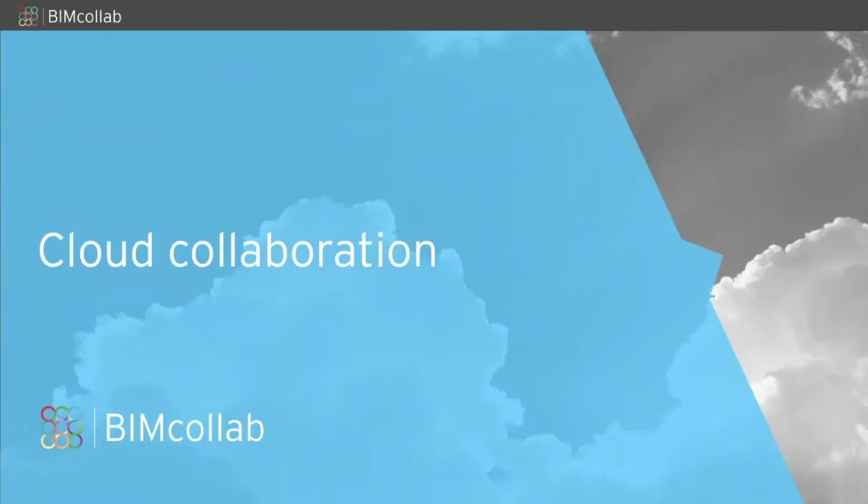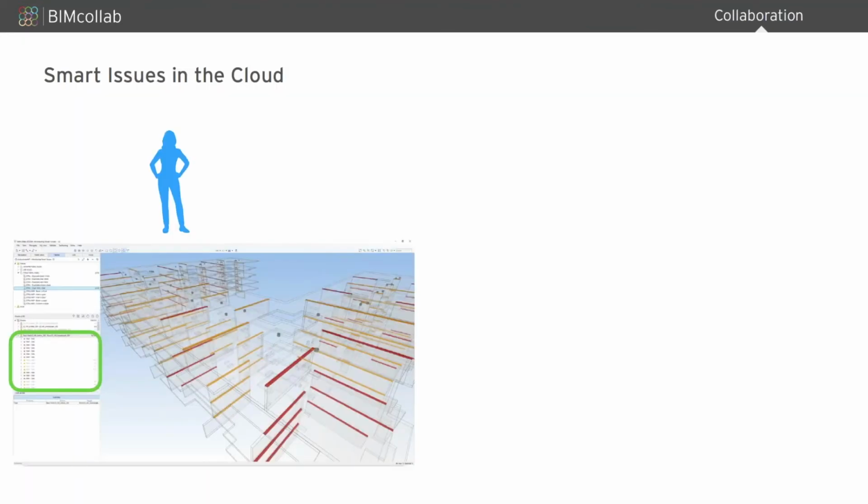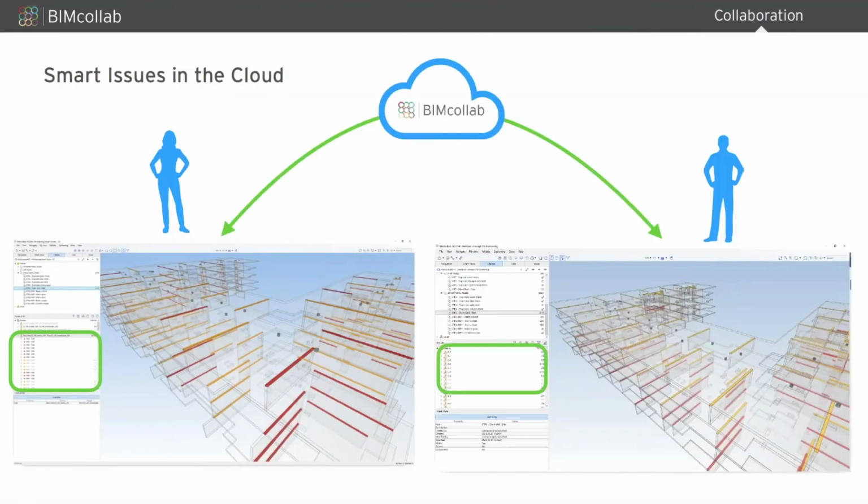So the next topic that I want to cover is cloud collaboration. By integrating both systems, validation and issue management together, and also working through the cloud with our BIMcollab project, we can actually also see not only the progress that my colleagues are making, so because the information is stored, someone else can also see what has already been reported and can pick up on the tasks where I have left off.